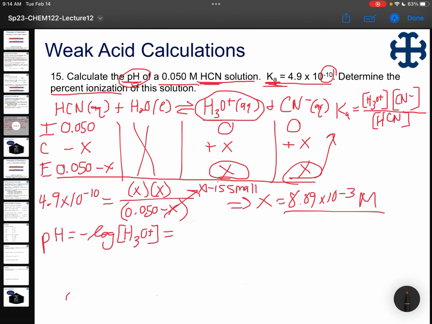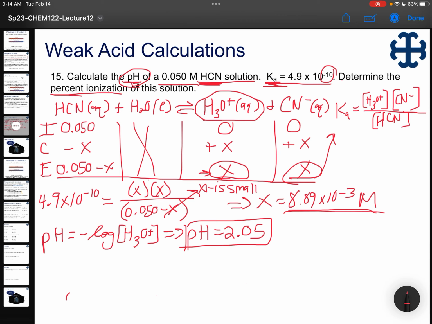And so if we take the negative log of x, which is equal to our concentration of hydronium at equilibrium, I got a pH value of 2.05, which if we do a quick logic check, we know any pH value less than 7 is going to be acidic. If we have something that is an acid, it of course makes sense that our pH value would be less than 7. And so a pH value of 2.05 makes a good amount of sense.